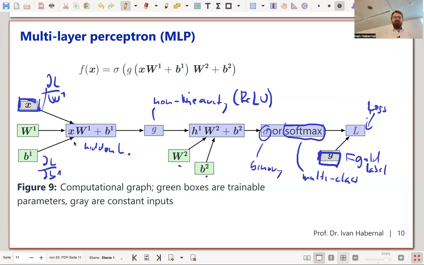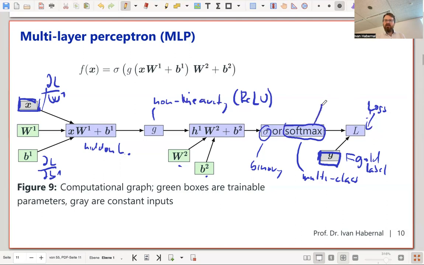Once you train this, where is the prediction coming out? Where do you predict the class? So you have trained the model already, you have the weights and biases, and you have a new example which you haven't seen before, and you want to predict the value. Where will the prediction come out in this graph? Yes, it comes out of the softmax.